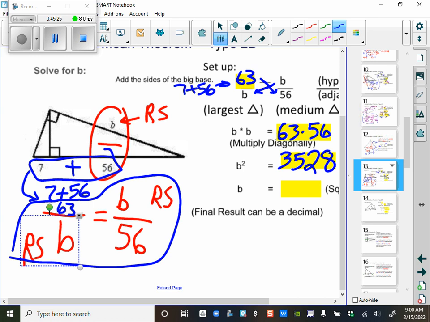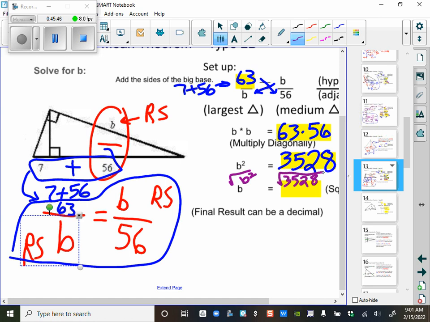Then what's our last step? What do we have to do? Square root. Square root b squared, square root 3,528. Again, you will get a decimal.